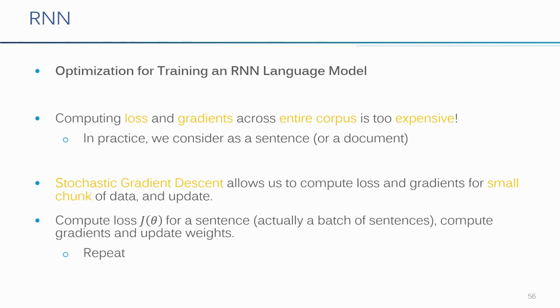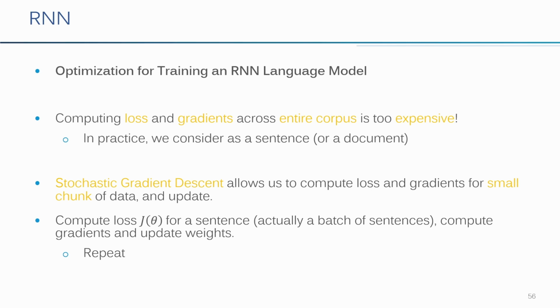So, computing optimization for training a recurrent neural network language model. Computing the loss and gradients across the entire corpus is too expensive. It's the same problem that we had before. We don't do this for the entire corpus, we do this in batches.